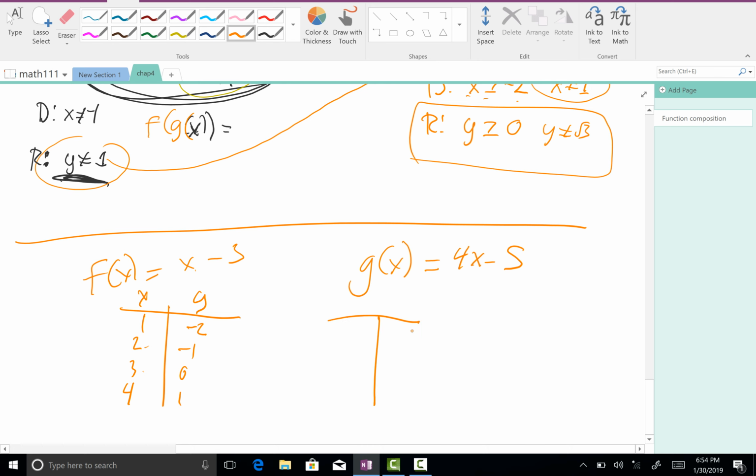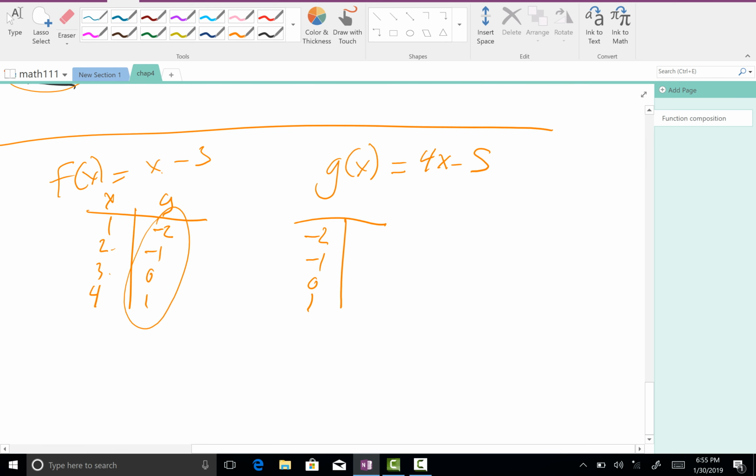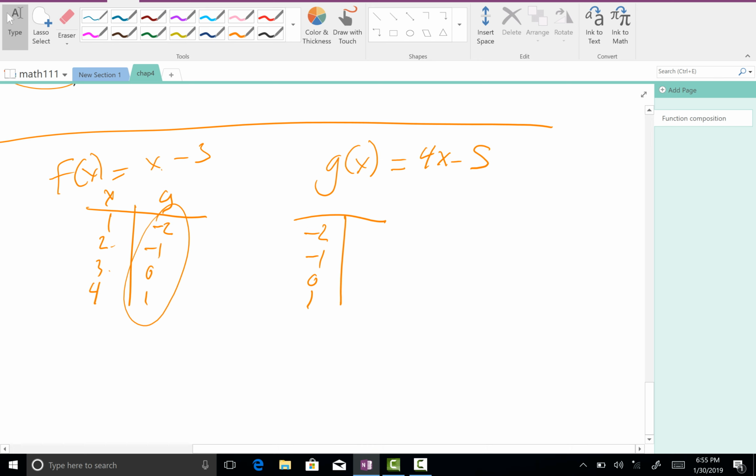So if we put that into this function to find the composition, now we're doing a composition, right? Okay. Then these guys go there. But is that for g of f or f of g? So that is going to be that one.